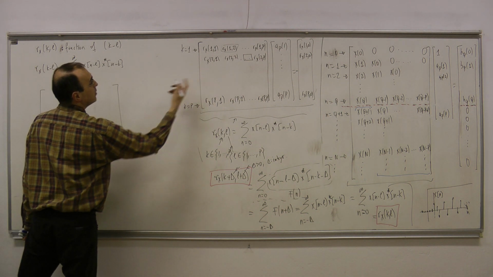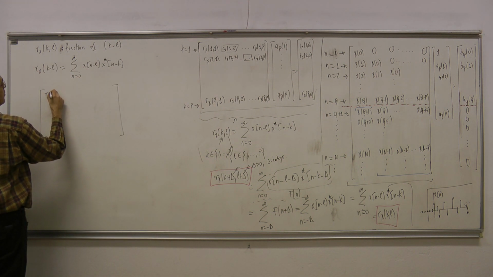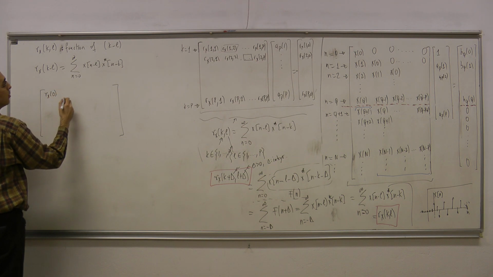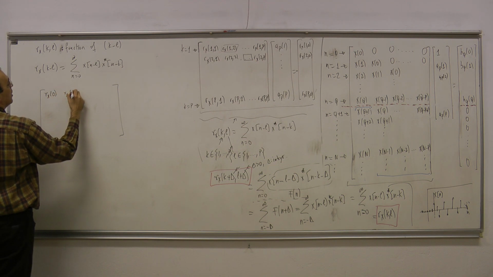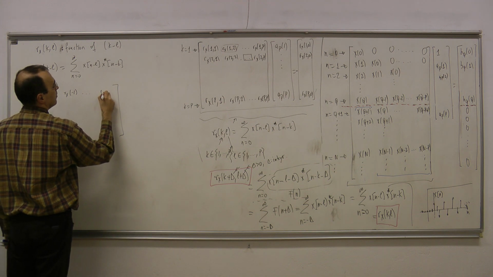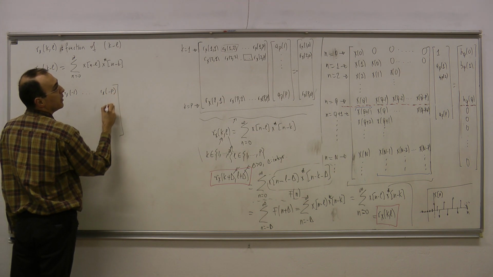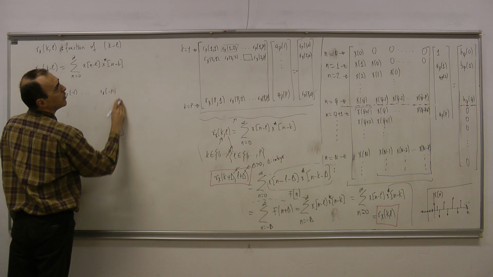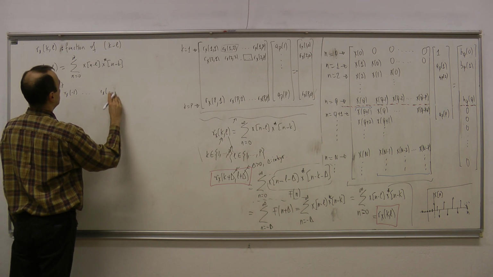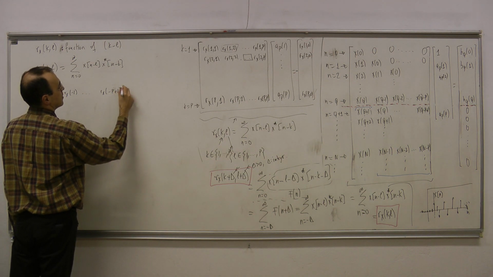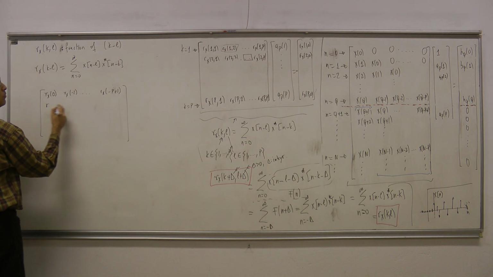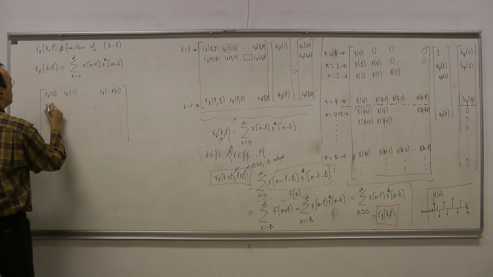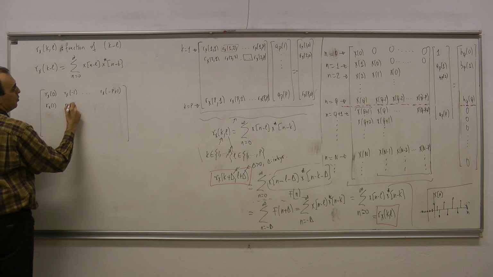I'll be rewriting this matrix. So this becomes Rx of 0. This becomes Rx of minus 1. This becomes Rx of minus, is it P minus 1. So I'm rewriting this matrix. So this is Rx of 1. Is this familiar to you?